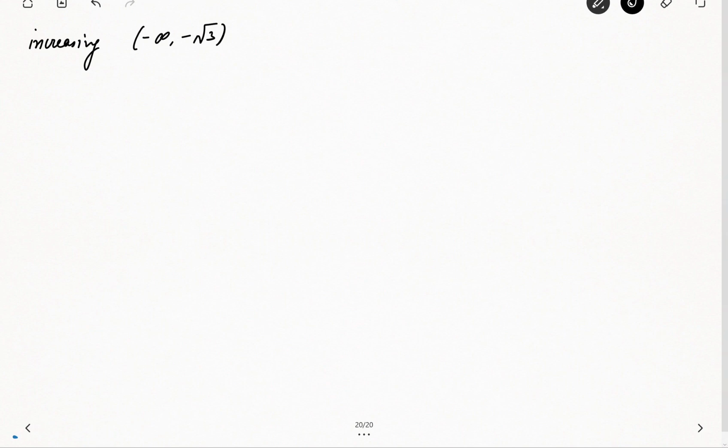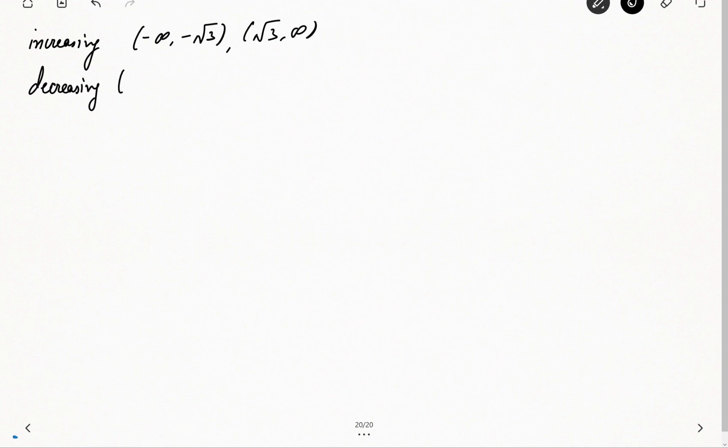Let me read the instructions. For your answer, it's either a single interval, or it's going to be like this, the union of intervals. All you have to do is make a comma and submit the other interval, from square root of 3 up to infinity. Those are the increasing ones.